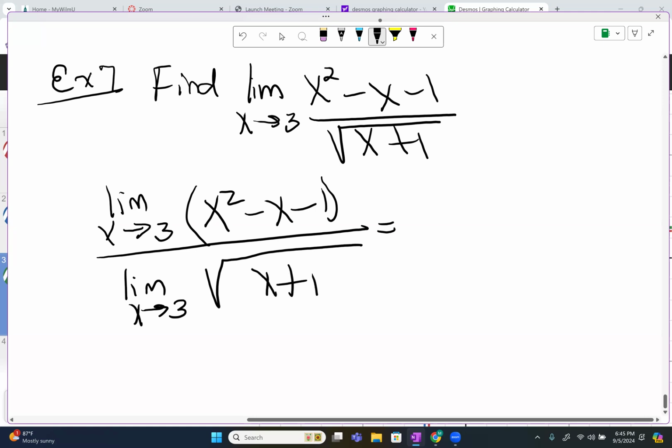If you plug in 3 for the top part, you have 3 squared minus 3 minus 1, divided by the square root of 3 plus 1.